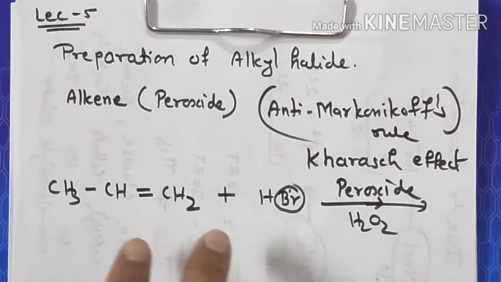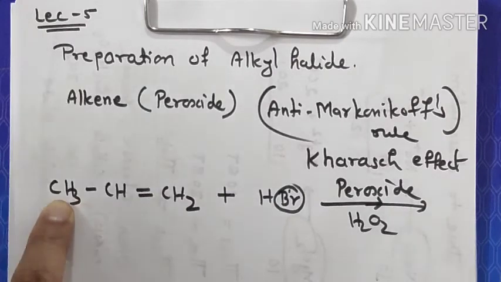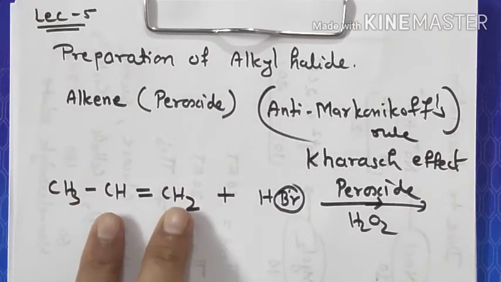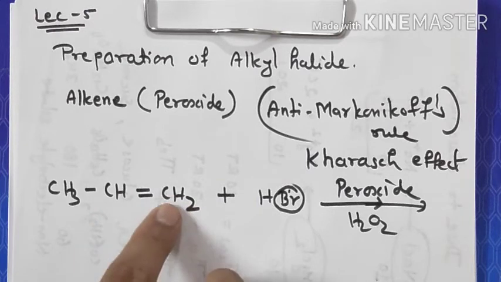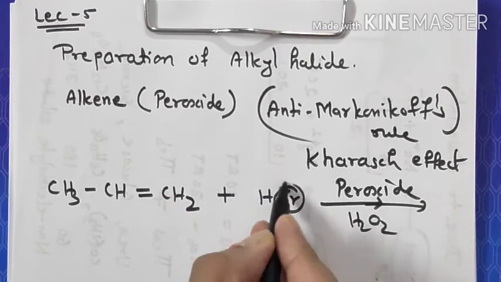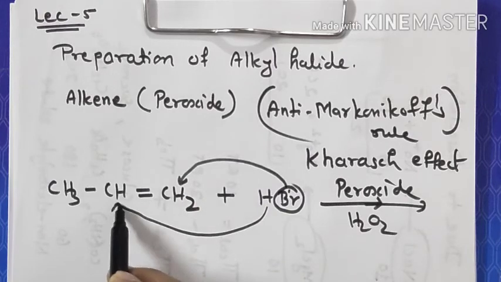You will feel like this carbon has more number of hydrogen, but we are talking about only those carbons which are unsaturated. That means I'm going to talk only about these two carbons. In these two carbons, this carbon has more number of hydrogen, so this Br is going to attack over here, and obviously this H comes to this carbon.